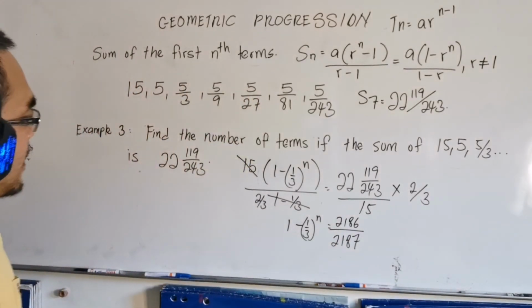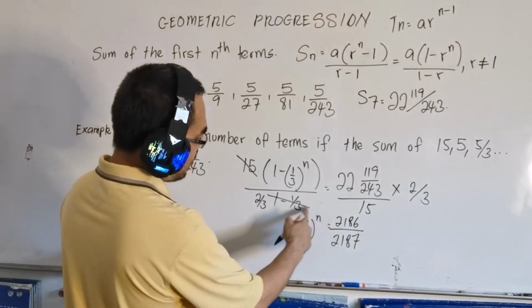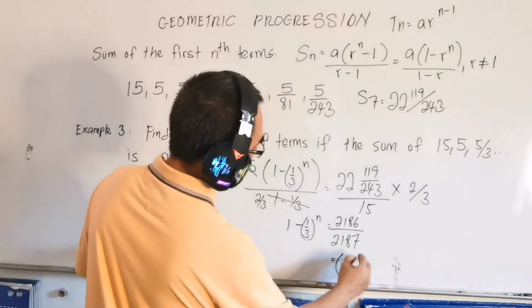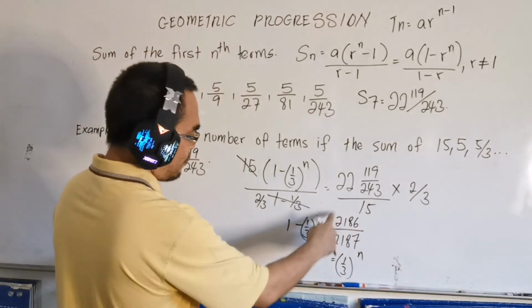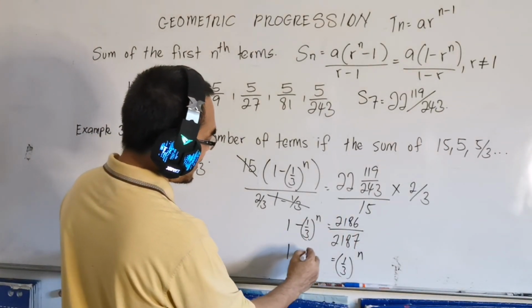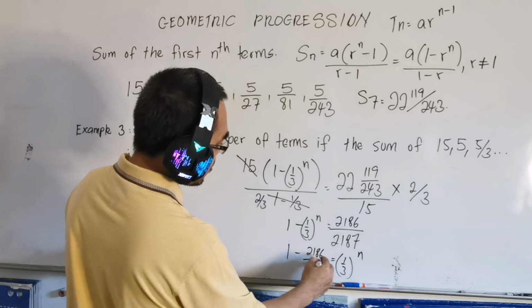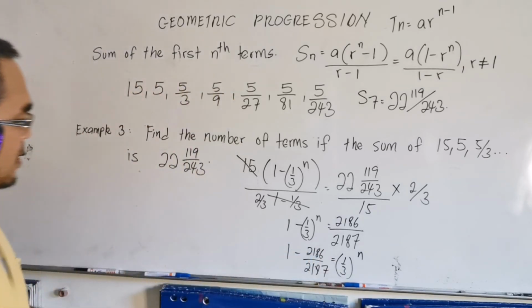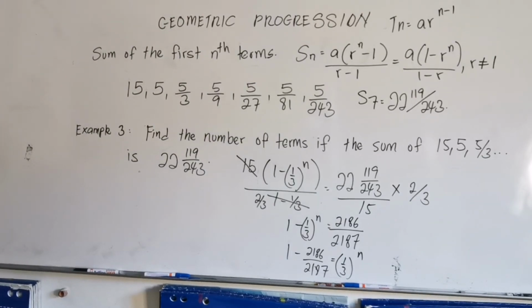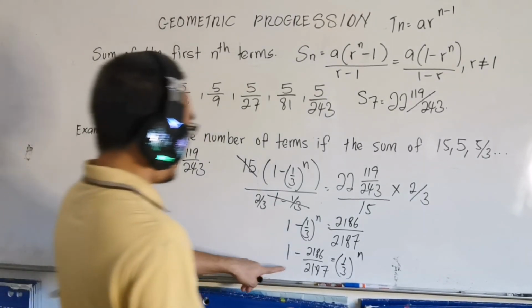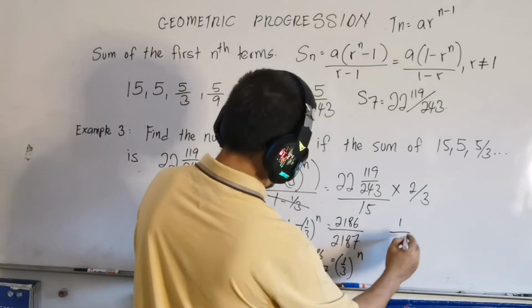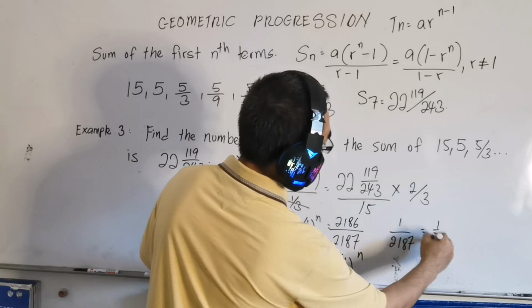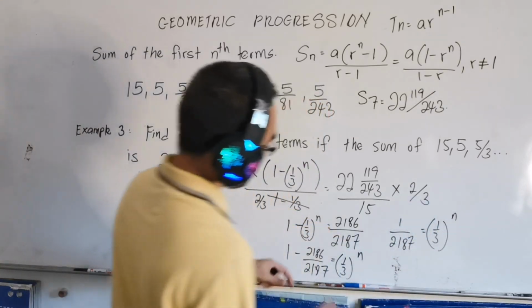Next, I move this to the other side, so it becomes 1 over 3 to the power of n. So move this here, it becomes 1 minus 2186 over 2187. So it becomes 1 over 2187 equals 1 over 3 to the power of n.